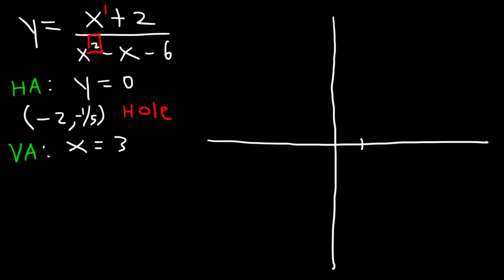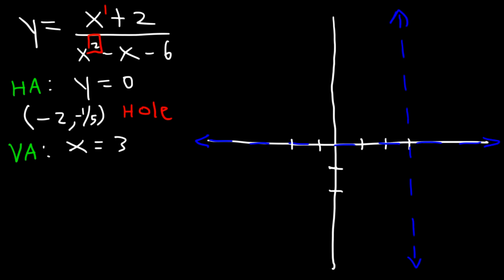So let's plot the vertical asymptote, which is x equals 3. And now let's plot the horizontal asymptote, which is y equals 0. That's the x-axis. Next, let's plot the hole, which is at negative 2, negative 1/5.